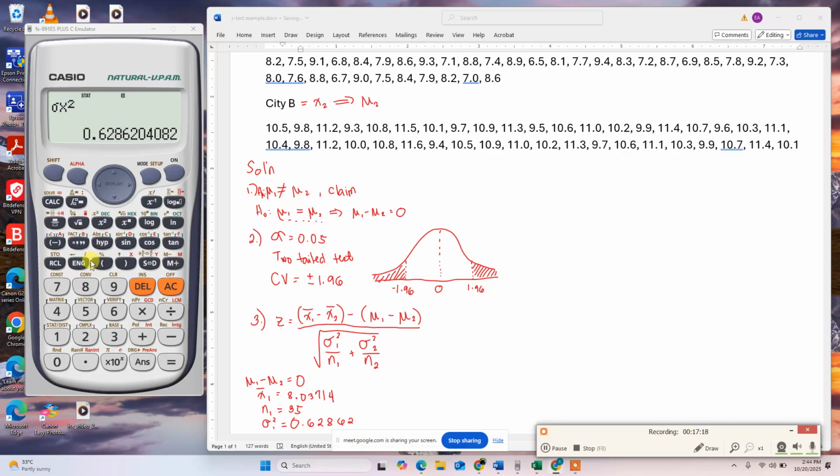To clear the data, press shift and then look for CLR on your calculator. In this case, the CLR is 9. So press 9, then 3, and equal sign. Then AC. Same process: mode, stat, 1-var.